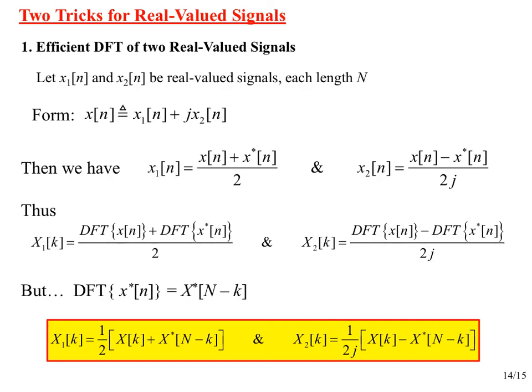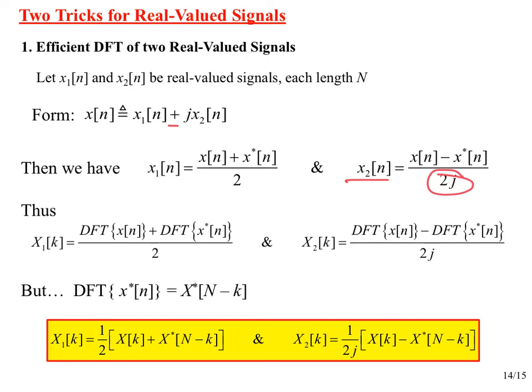So now I have x1 minus x1, because the real part doesn't change, and then I have plus jx2 minus a minus jx2. So I end up with 2jx2. I divide by 2j, and I get back x2.